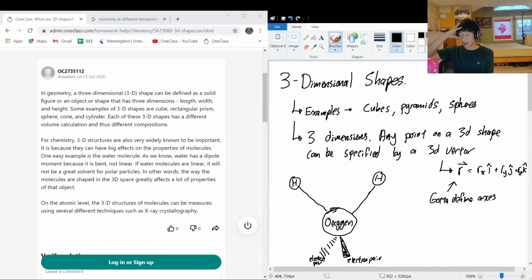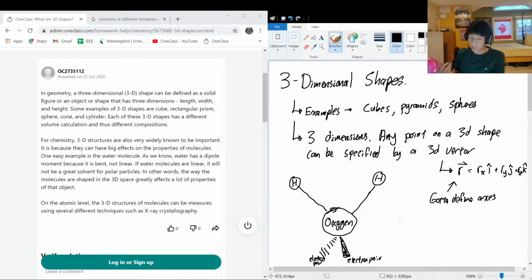Imagine my head is the oxygen, the hydrogens are kind of coming out like horns, and the electron pairs are coming out like my beard and kind of like a ponytail at the back of my head. So if my head's the oxygen, we have one axis of these two hydrogens and this direction for the electron pairs, and that's a very particular shape that these water molecules are going to have.